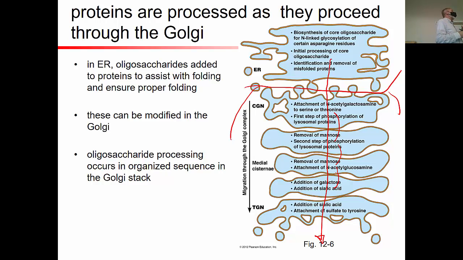In the Golgi, we can carry out what's called O-linked glycosylation, which is through the hydroxyl group on the side chains of serine and threonine residues. If we look here, we can see that many of these steps involve modifications of glycosyl groups or addition of glycosyl groups. But there are other protein modifications that occur here as well.